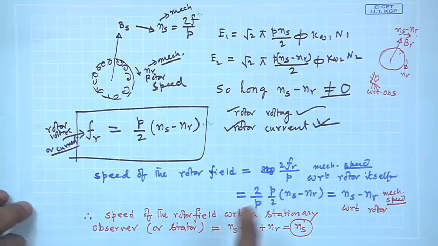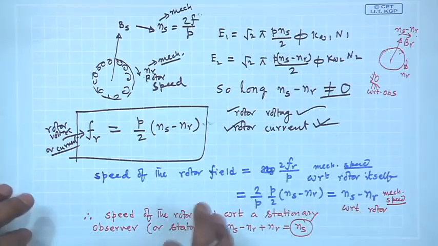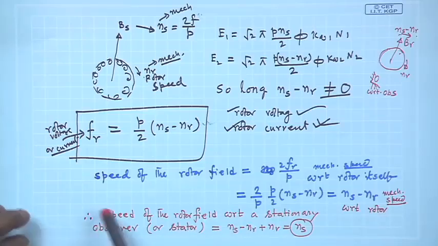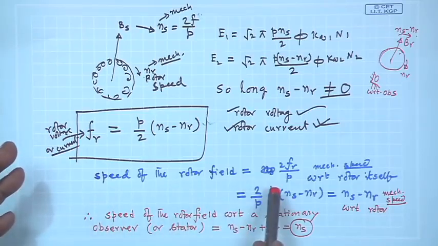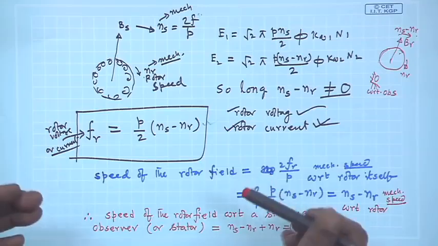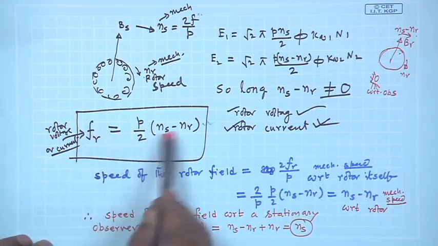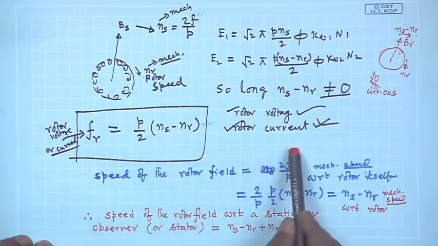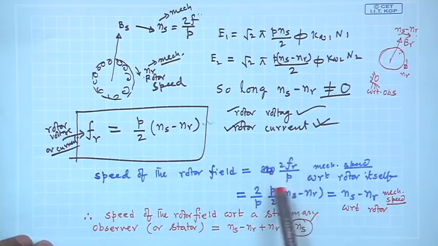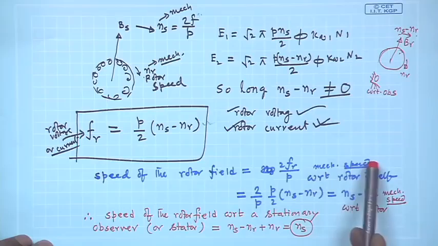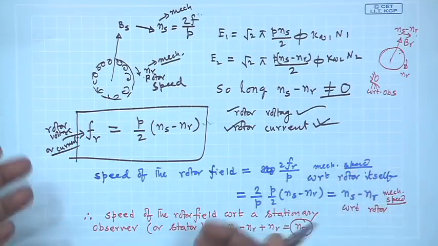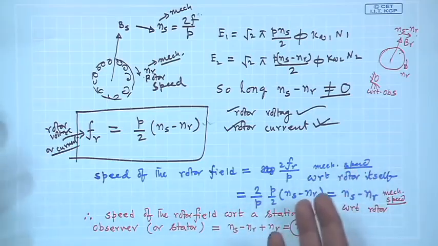I am repeating once again these steps rather fast. The speed of the rotor field is 2 by P into the frequency of the rotor currents, and the frequency of the rotor current is Fr, which we have calculated earlier. So, 2 Fr by P will be the mechanical speed of the rotating field, and with respect to whom? With respect to the coils, the rotor coils or rotor structure.